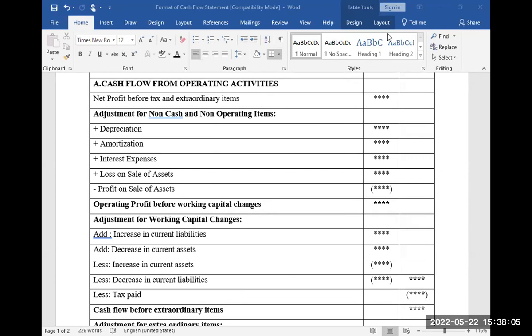It's a finance item, financing activity, interest paid. So already you minused it, now you have to add it back to find the real operating profit.